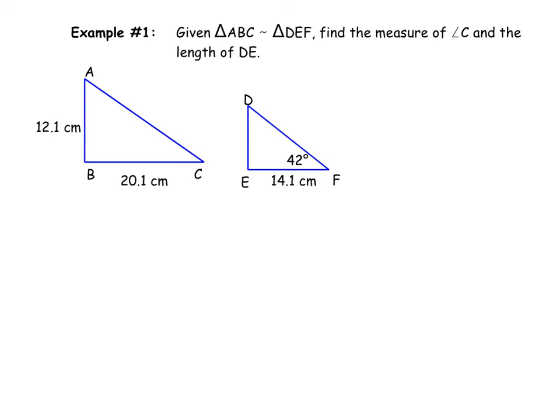Now, we can see here that when I look at this triangle, A is going to be the same size as D, and B the same size as E, and C the same size as F. So A, B, C, D, E, F. These are nicely organized in a way for me to see which sides are going to be proportional.